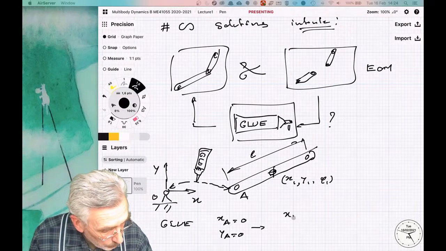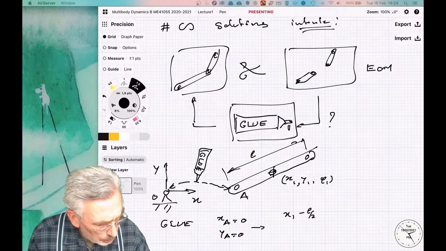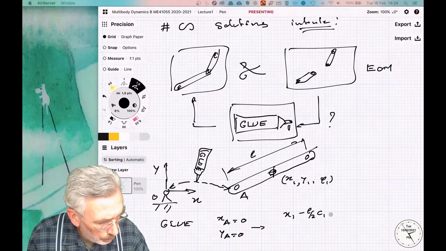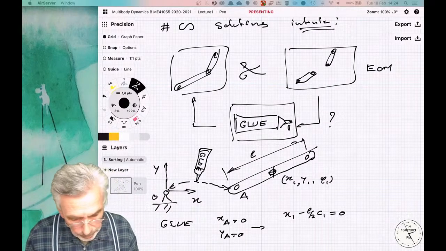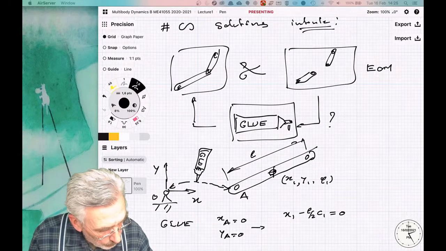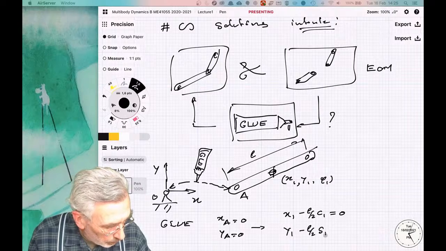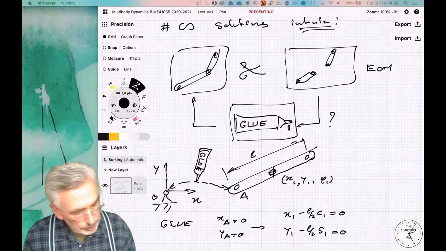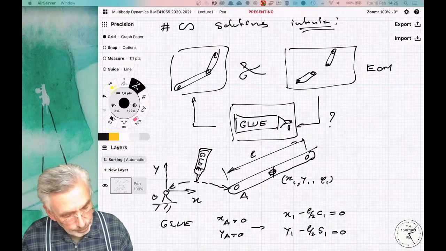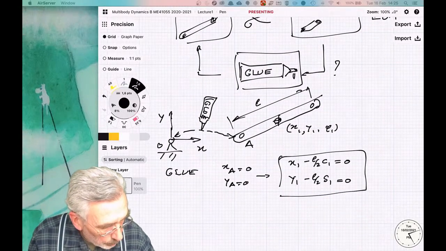So we can say x1 minus L over 2 cosine phi1 equals 0. And then the other one is y1 minus L over 2 sine phi1 is 0. And these are actually what we call the constraints.